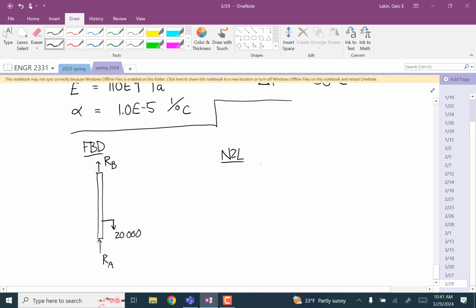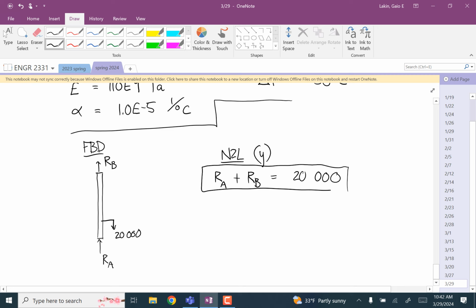Newton's second law, just looking at the vertical, says RA plus RB is equal to 20,000. And so again, this is where you see that it's statically indeterminate.